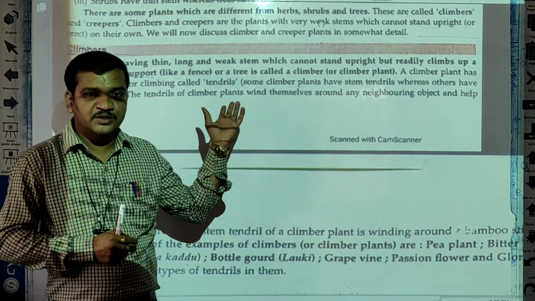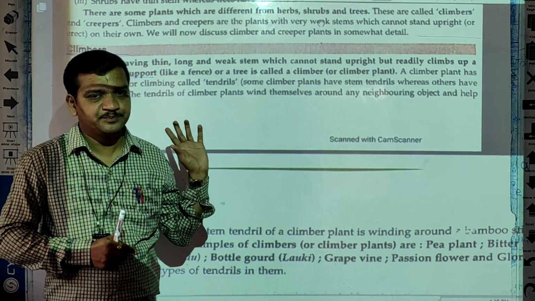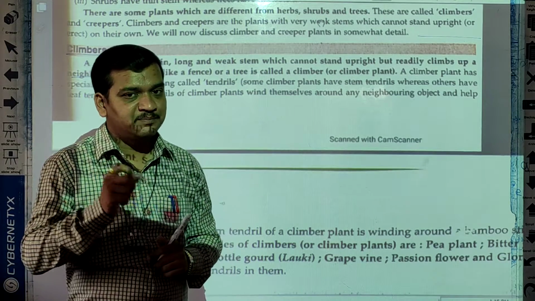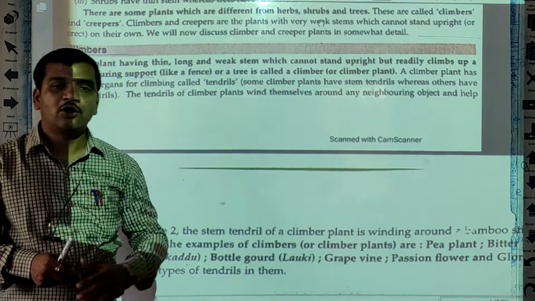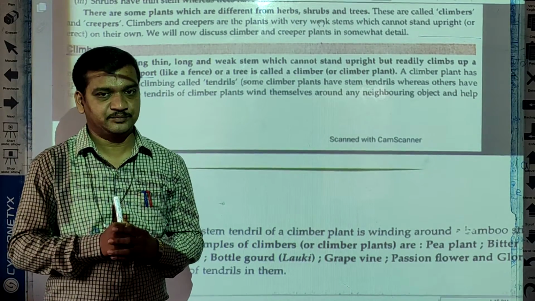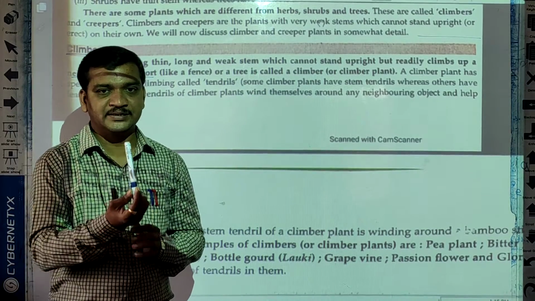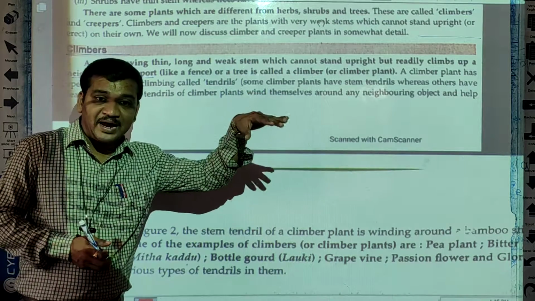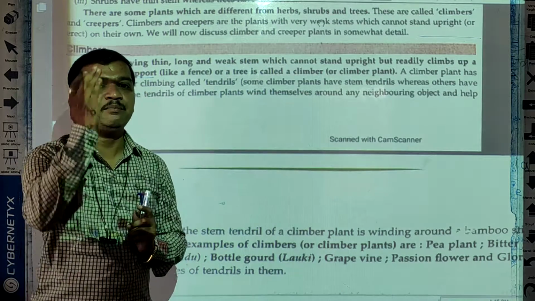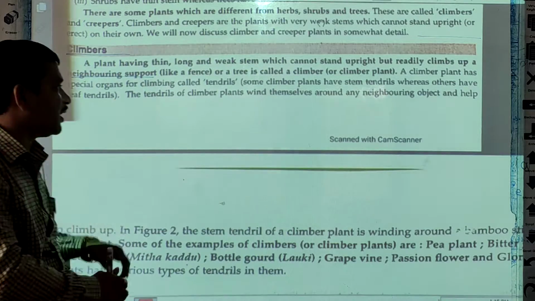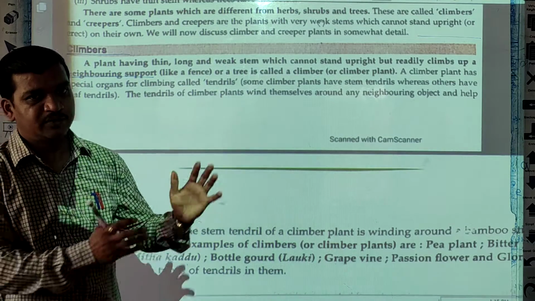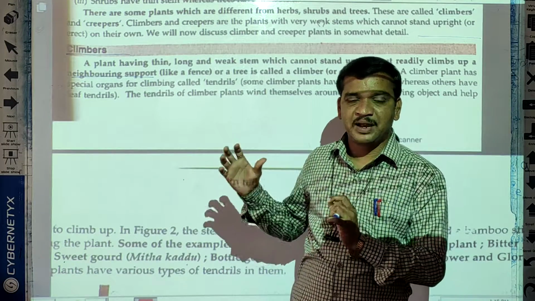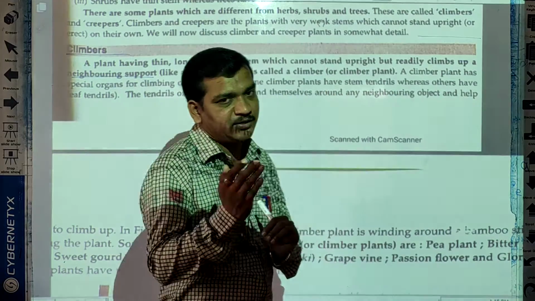It means these plants have a weak stem which cannot stand upright, because the stem is very weak. But this plant stem can readily climb up a neighboring support. Whatever the neighboring objects are, these plants take the support of those objects and grow upward.